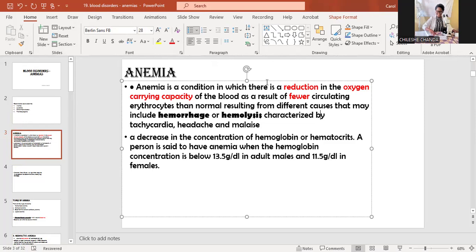You have to mention at least two signs and symptoms or characteristics of the condition that you're talking about. So in this case, we have said that this anemia is characterized by tachycardia, headache, and malaise. So all the time, make sure these things come out in your definitions. Very, very important.